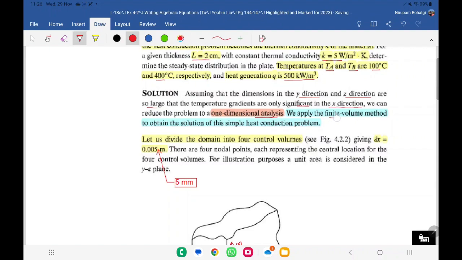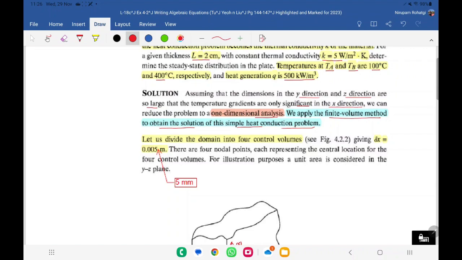We apply the finite volume method to obtain the solution of this simple heat conduction problem. We are going to go up to the formation of the matrix, which can be solved, and then we can get the temperatures. The solution of the matrix we will be doing later on.